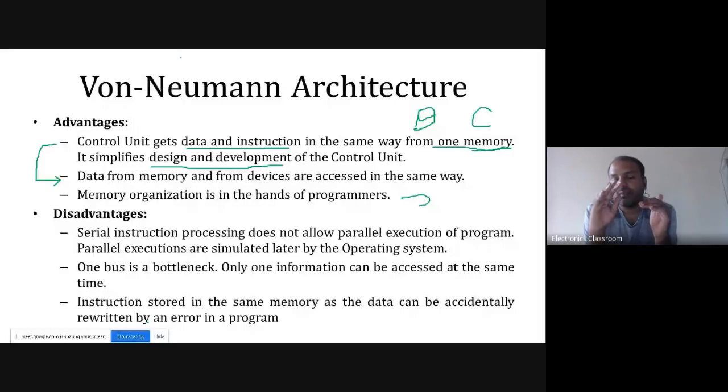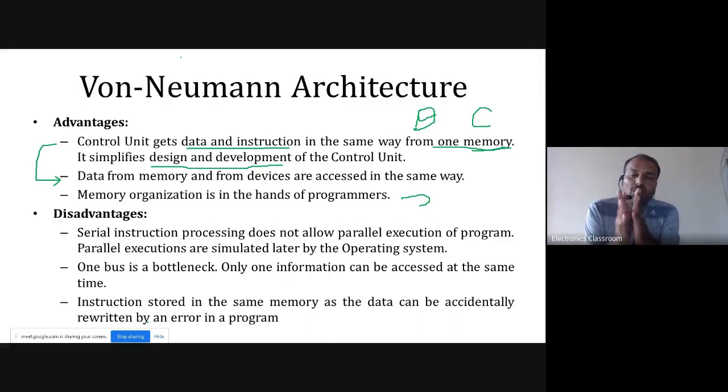After completion of the first instruction's execution, the microcontroller will process the second instruction. So it will process instructions serially. Since all instructions are processed one by one, parallelism is not possible in von Neumann architecture.